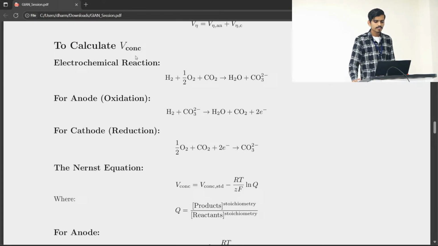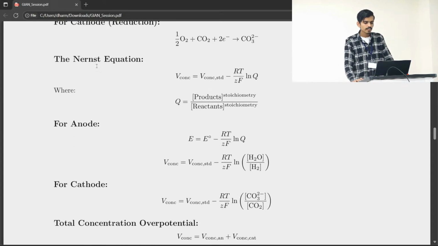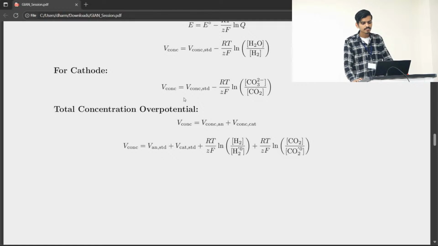To calculate V concentration, we write the electrochemical reaction for an electrolyzer, which is given in this way. We can split this reaction into oxidation and reduction reactions for anode and cathode respectively. As we previously used the Nernst equation, now we are using this equation again. After performing these calculations, we get the concentration potential in this way.